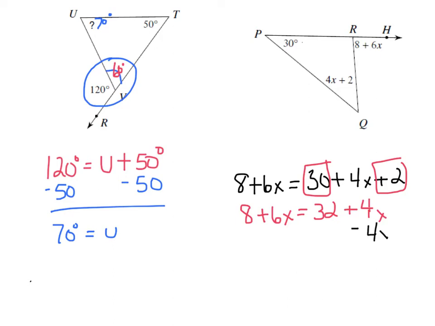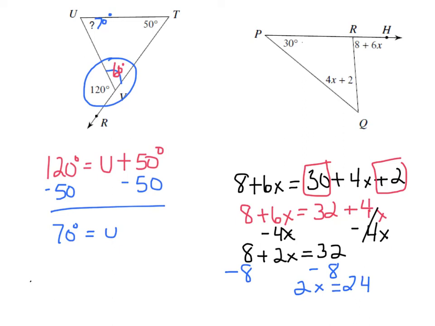So to get rid of plus 4x, I'll subtract 4x. So this gives me 8 plus 6x minus 4x is 2x equals 32 because my 4x's cancel. Now I move 8 over, subtract 8, and I get 2x equals 32 minus 8 is 24.